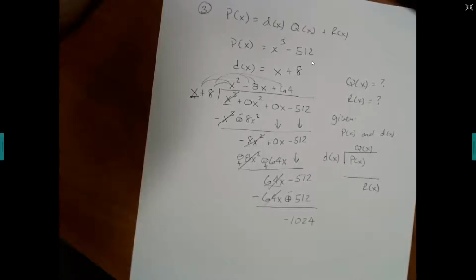Negative x squared, 8x, negative 512. No, negative 64, I mean. Change the sign so it's positive 64. Positive 64 times x. Yep.